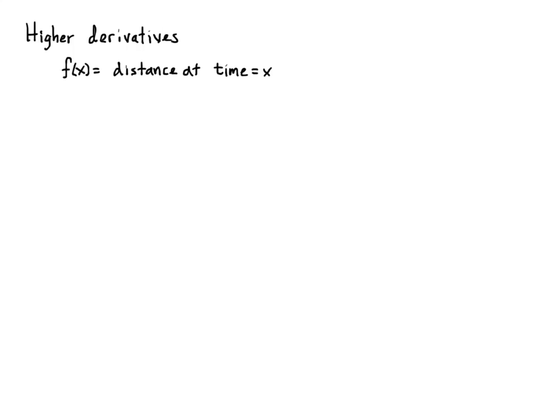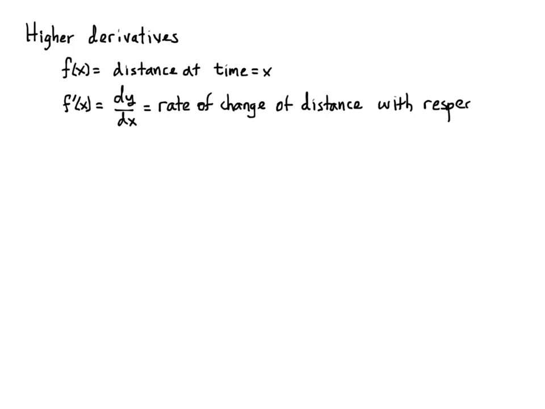Let's say I have this function f of x that describes a distance at time x. This is just, at 3 o'clock I'm in Los Angeles, at 5 o'clock I'm in San Diego. If I look at the derivative of this, what I'm really saying is that's my rate of change, that's my velocity, right? We've seen that in a number of examples.